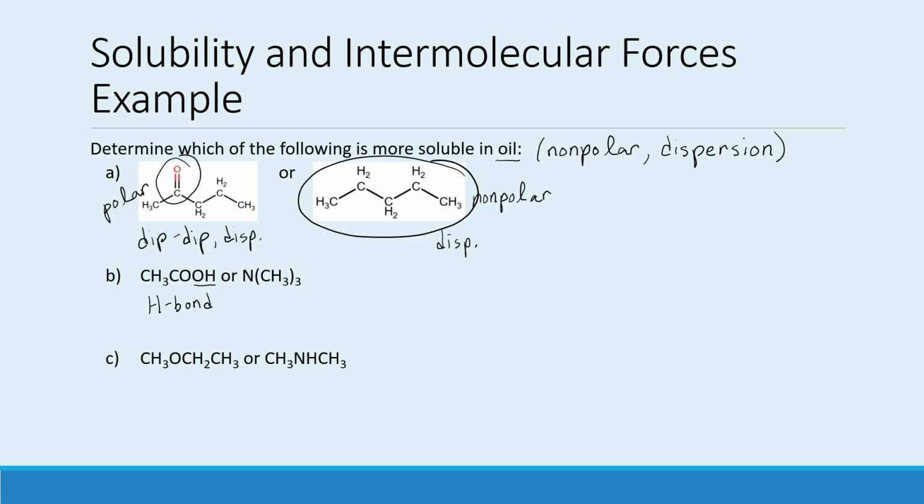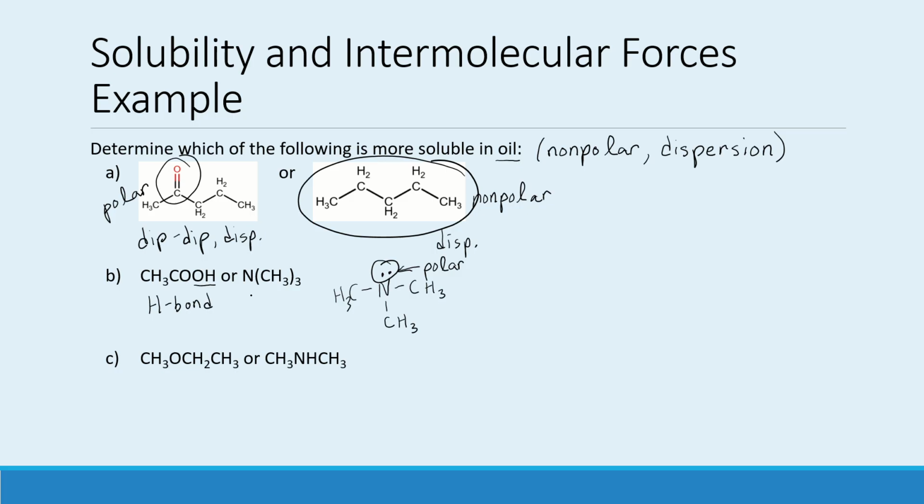And then the second compound, we've got a nitrogen with 3 methyl groups, 3 CH3s attached to it. But remember, nitrogen always has a lone pair on the nitrogen atom, right? Nitrogens like to have 3 bonds and 1 lone pair, and so it's that lone pair on the nitrogen atom that makes it polar.